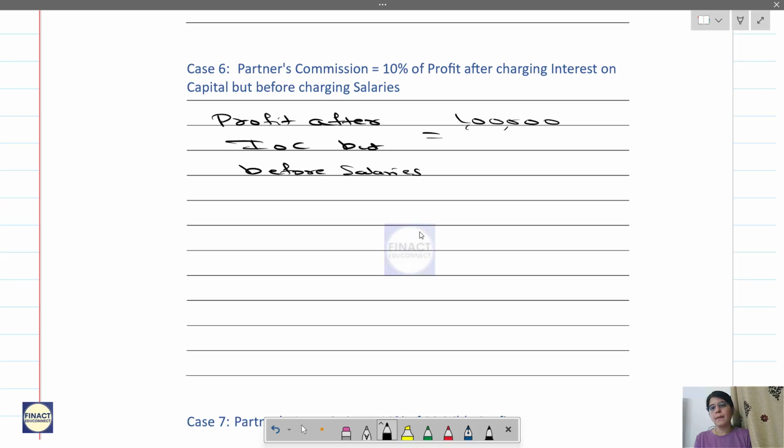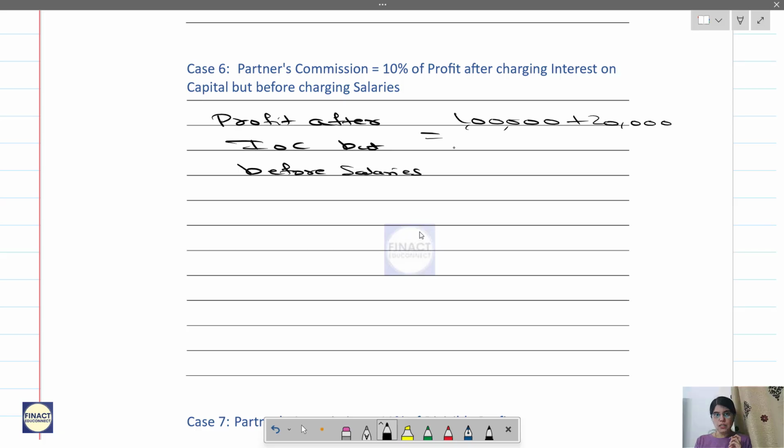1 lakh plus 20,000. Interest on drawings will always be taken. These words before and after are for expenses, not for interest on drawings. If they have specifically told you before including interest on drawings, then we should not add it, otherwise it should always be added.